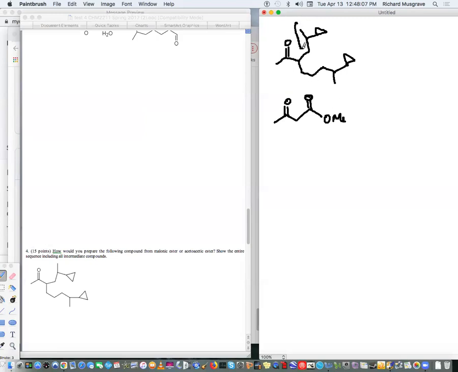Now what you'll do, take a look at the groups attached to the alpha carbon. But be sure also to make sure that you, I'll show you in a second. So it's going to be NaOMe and MeOH. And then we put in our group here. Our group is going to look like this.